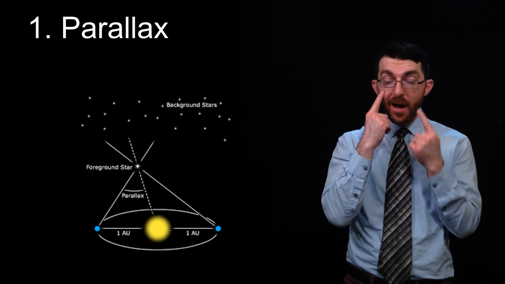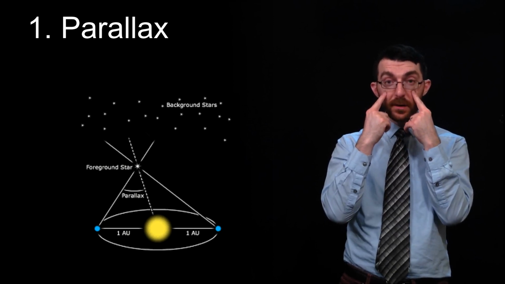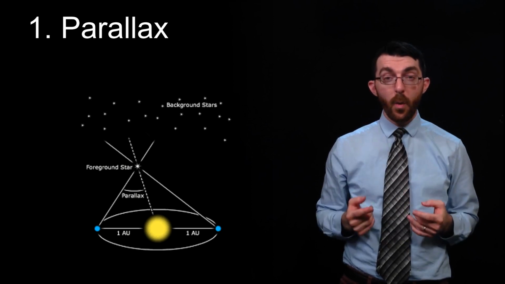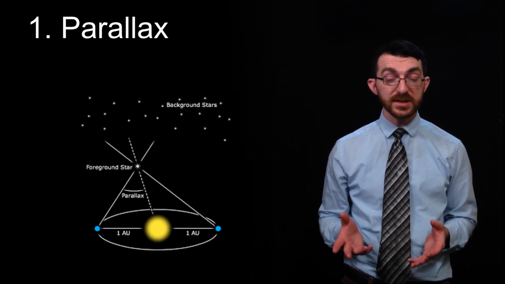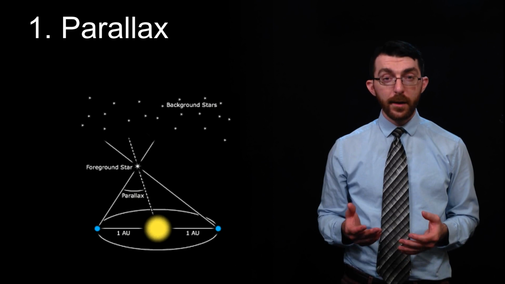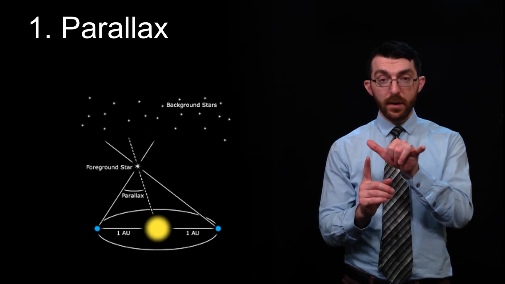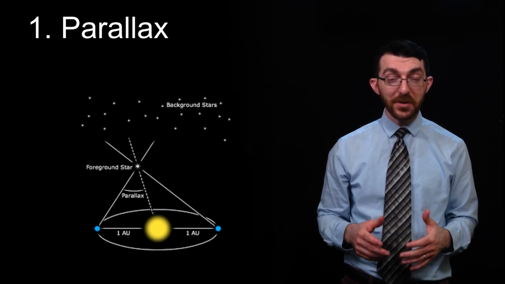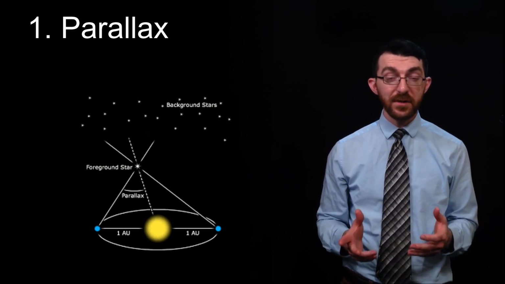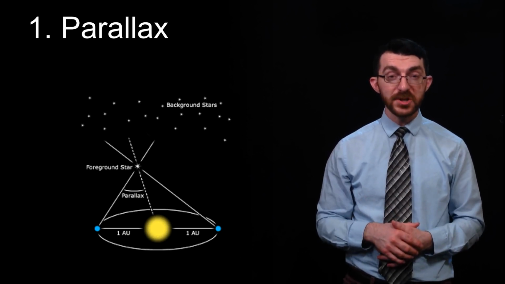So if your eyes are mere inches apart and closing one of them at a time is going to change the apparent position of distant objects, moving yourself 186 million miles apart is going to cause a similar shift in the apparent location of distant objects.